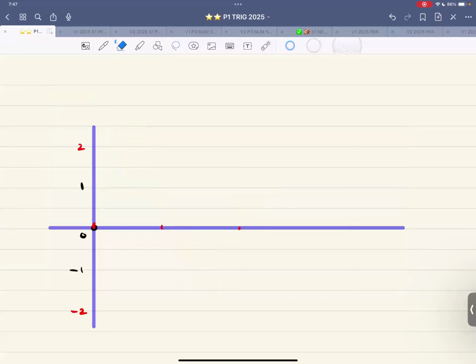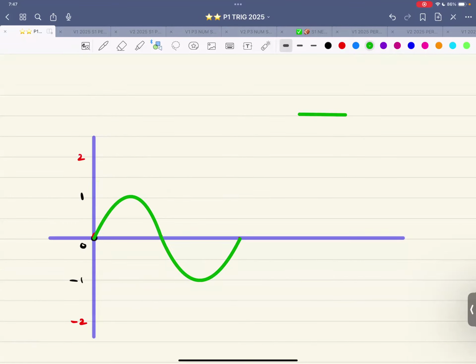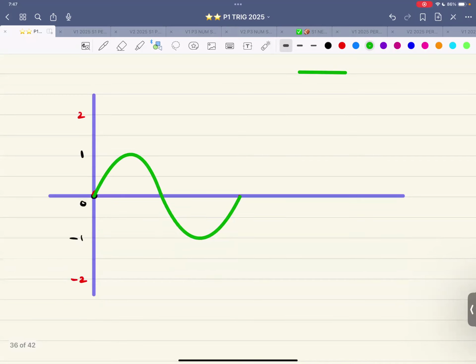Now let me draw in green color once again the original graph, something like this, and then another one like this. So that is the original graph, y equals sine x.